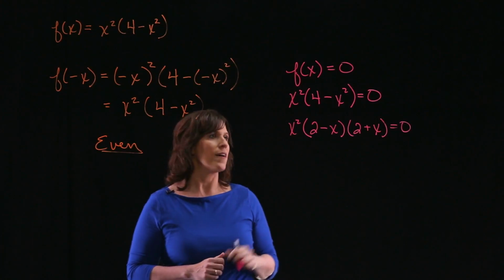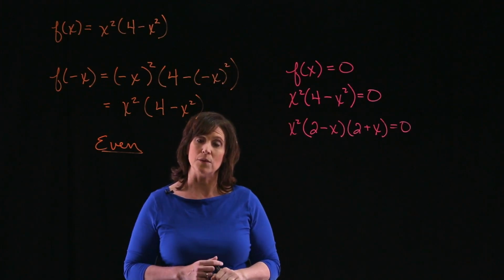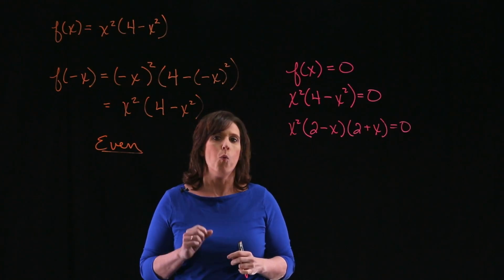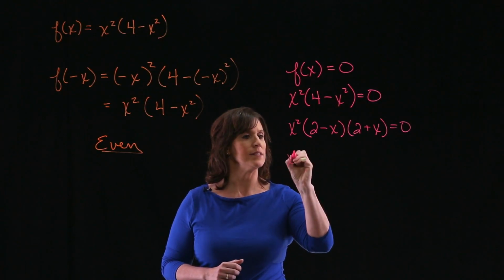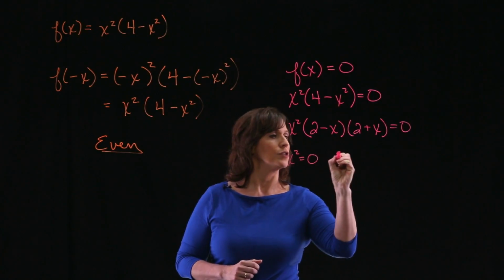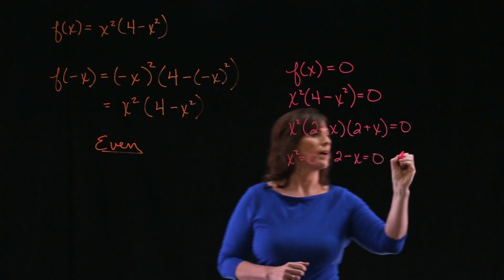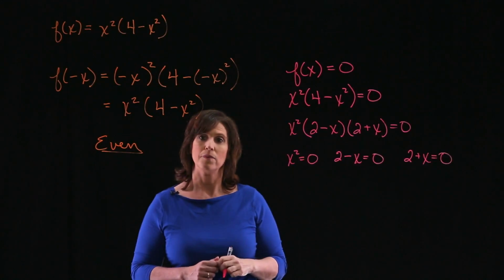Now notice what I have. I have 3 factors multiplied together that equal 0. In order for things that are multiplied together to equal 0, one of them has to be 0, which means that either the x squared is 0, the 2 minus x equals 0, or the 2 plus x equals 0.